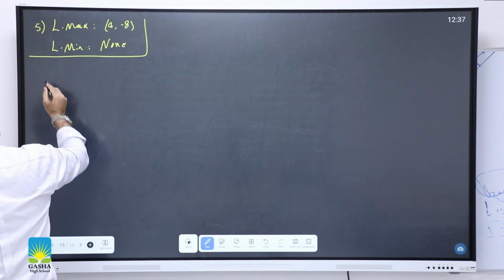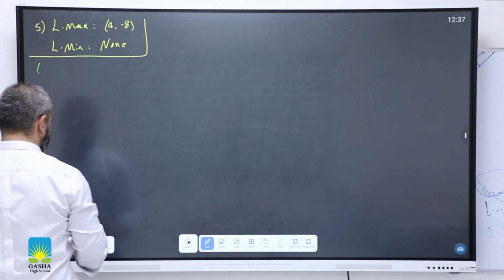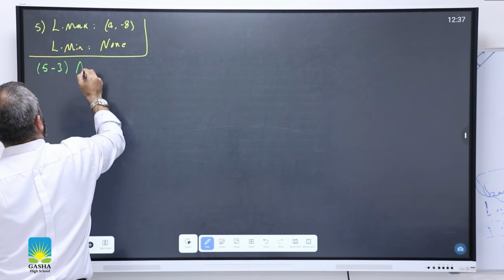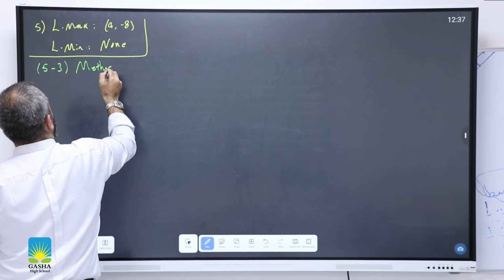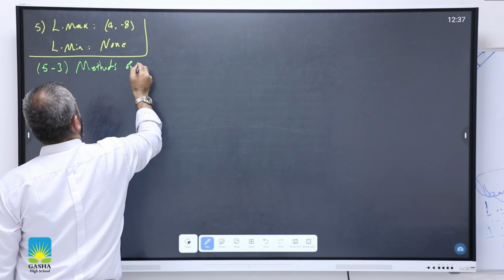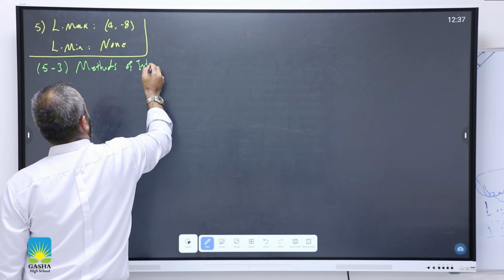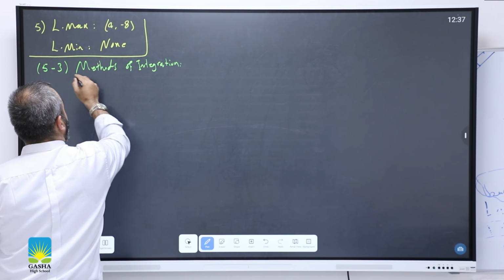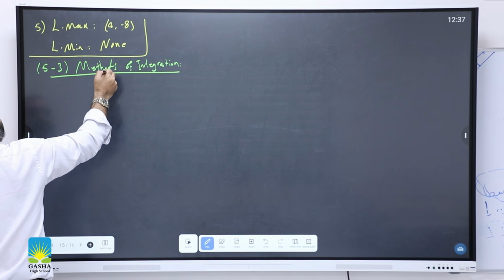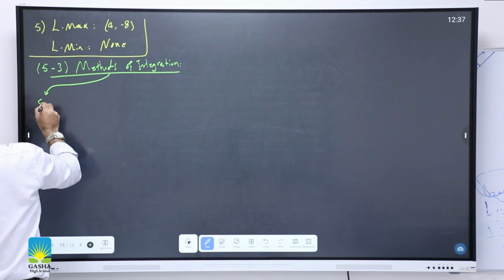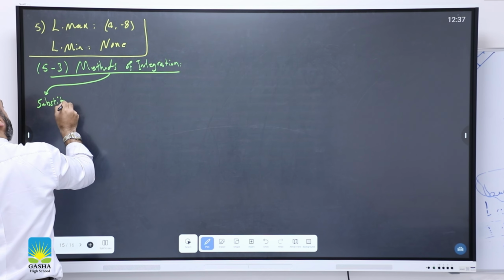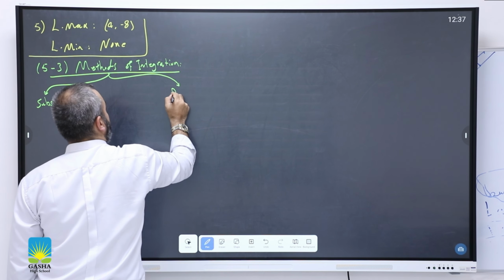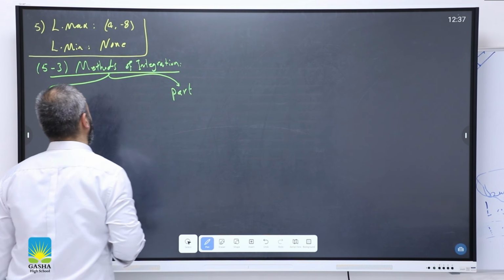Now we're going to the new section, 5.3, methods of integration. We have two methods of integration: substitution and integration by parts, right?